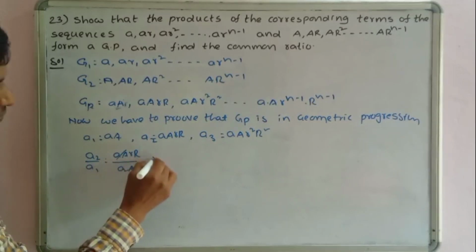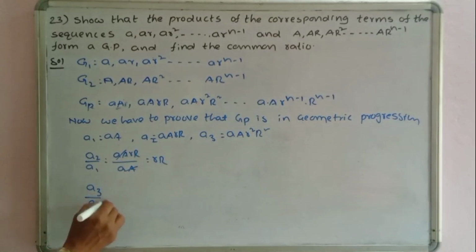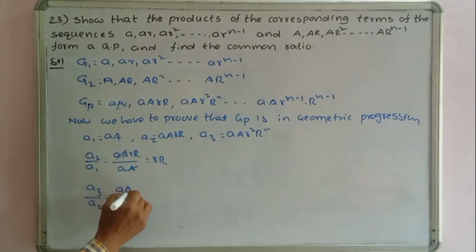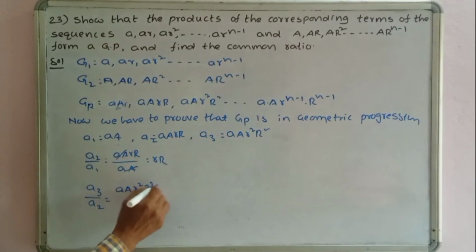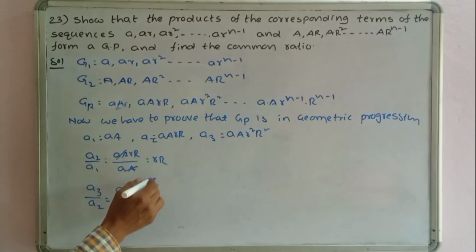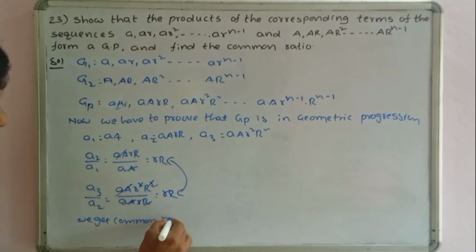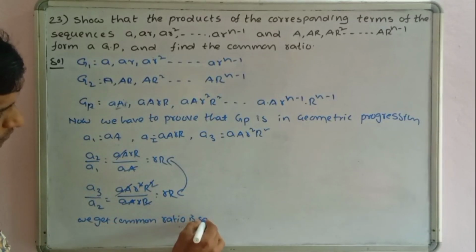So both are cancelled, leaving small r capital R. a3 by a2: r square by a r. Here a gets cancelled, one r cancels, and again capital cancels. Still, here r is there, here one more r is there. So we get the common ratio is the same.